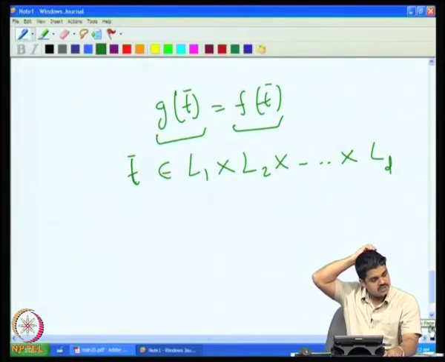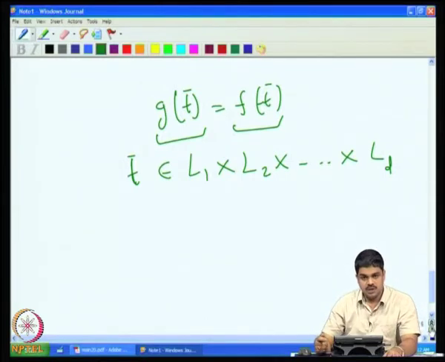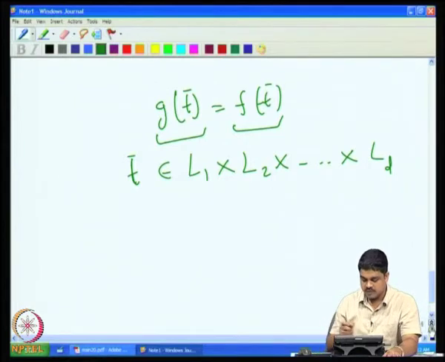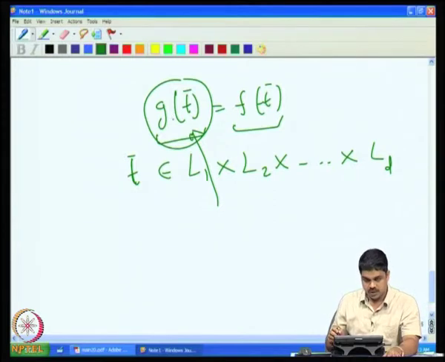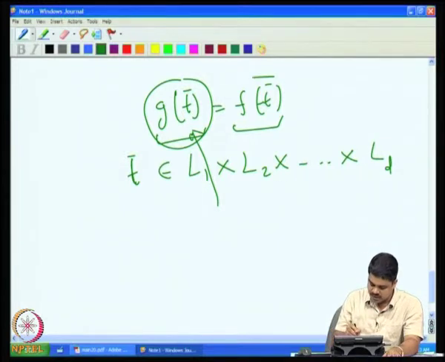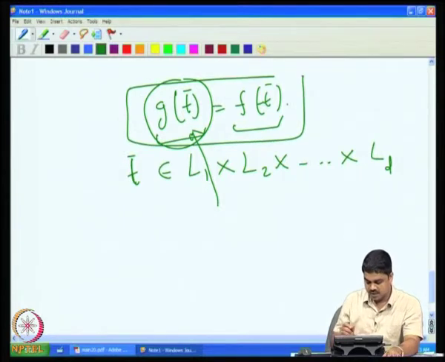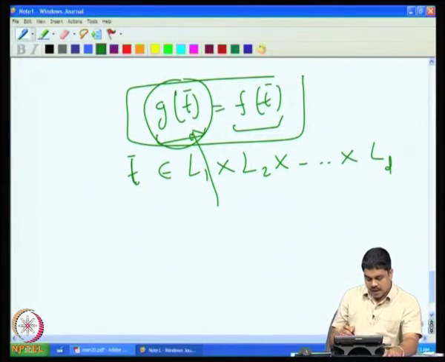In other words, to show that f can become non-zero for a selection of values from L1, L2, up to Ld for the corresponding variables, we only have to show that g will become non-zero for such a selection, because for such values these are the same.